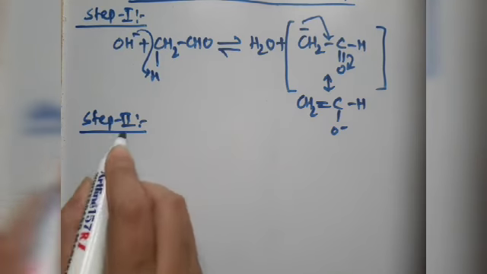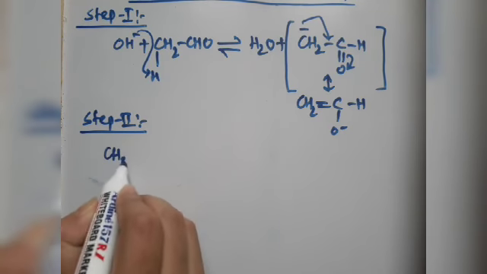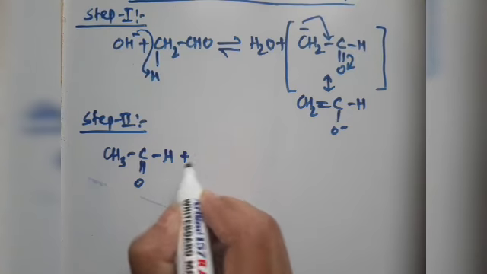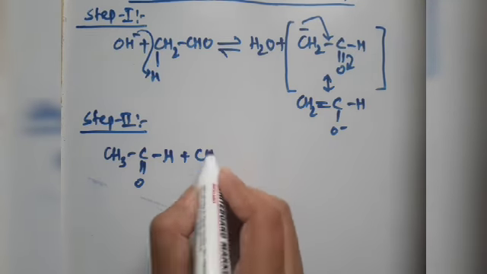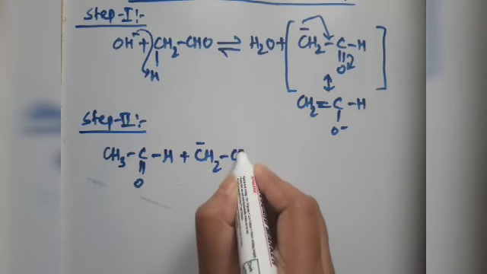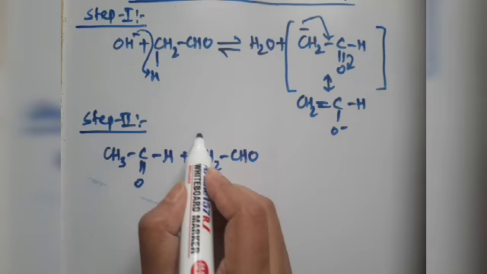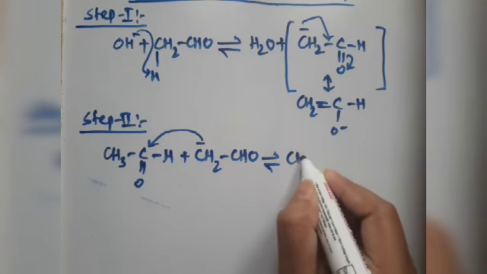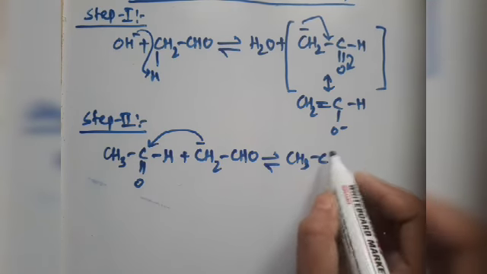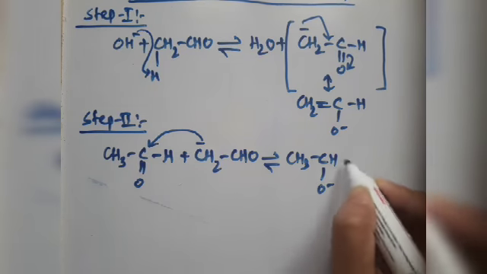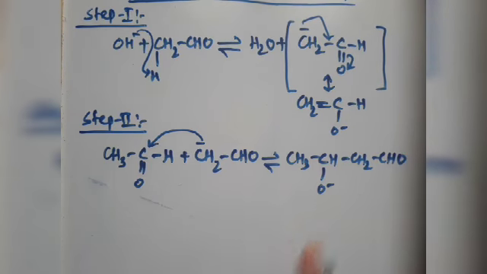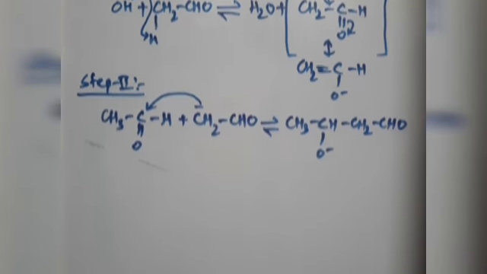So this carbon negative part will be attached to the positively polarized part of another molecule of acetaldehyde. So in this step an alkoxide ion will be generated. So this is our alkoxide ion.